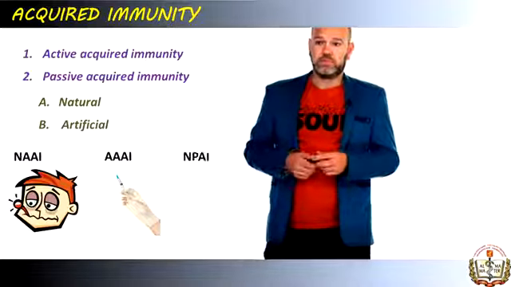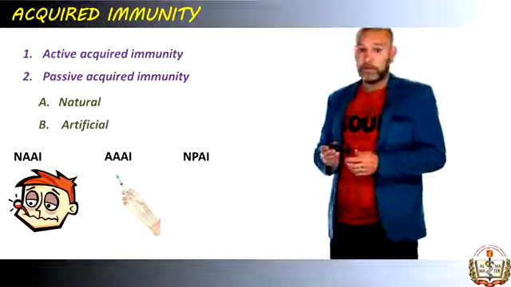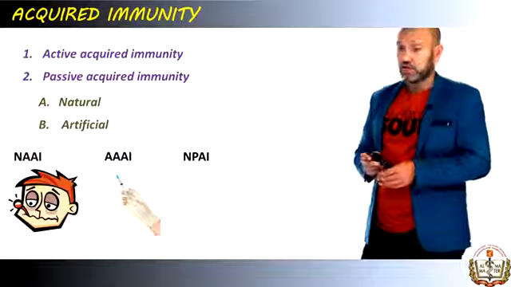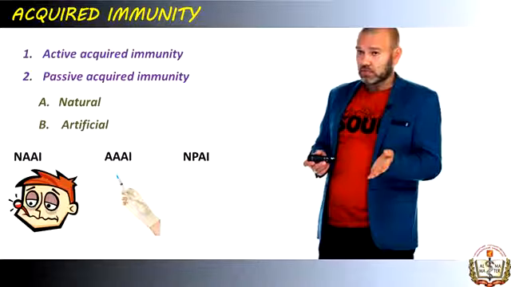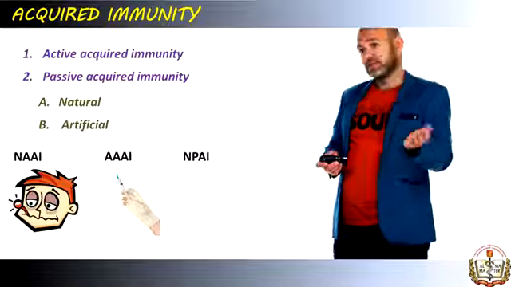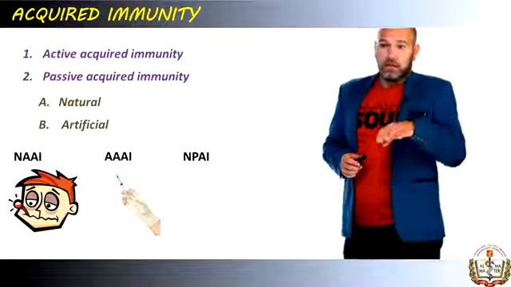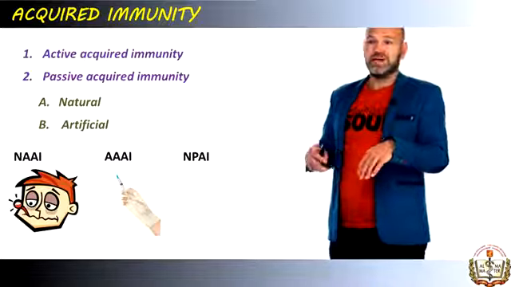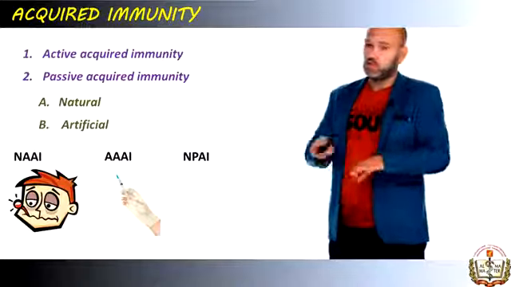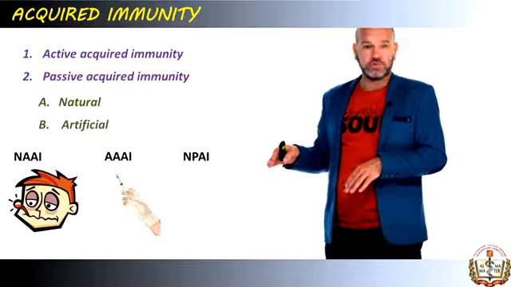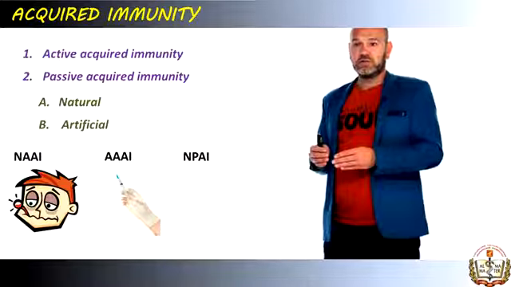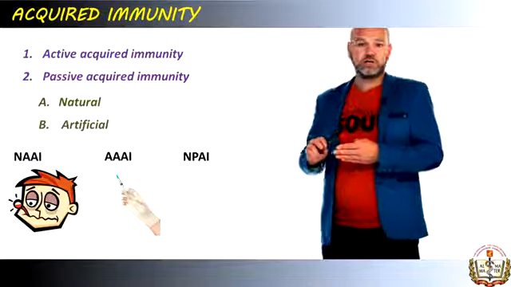So doctors will always induce artificial immunity. Number 3, the third possible combination, natural passive acquired immunity. Again, try to think, what can it be? If it is acquired, it's after the birth, it seems. Passive means antibodies will be given, no contact with antigen, and natural. How can people naturally share antibodies?